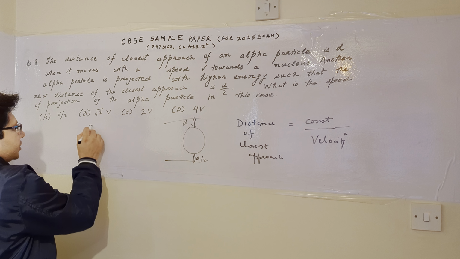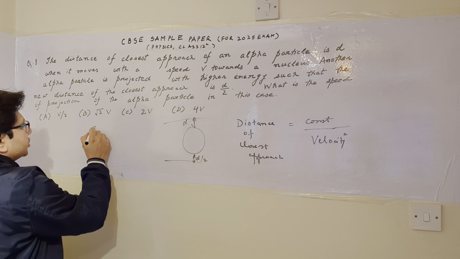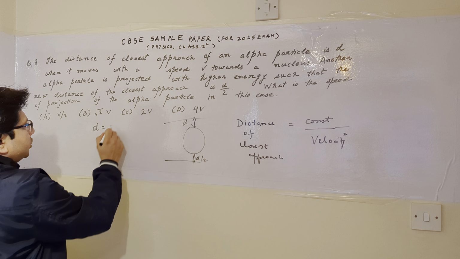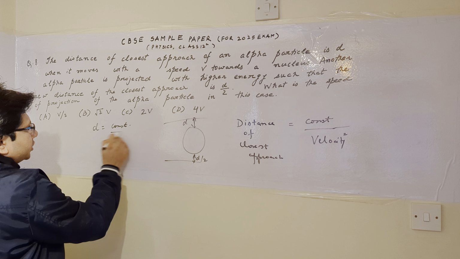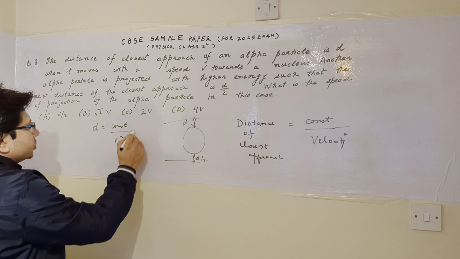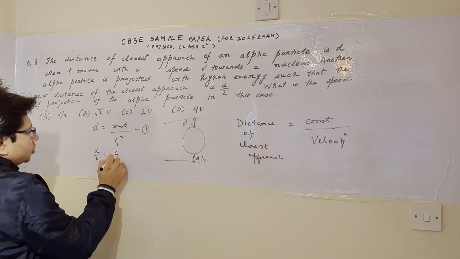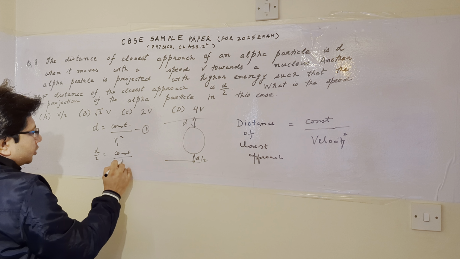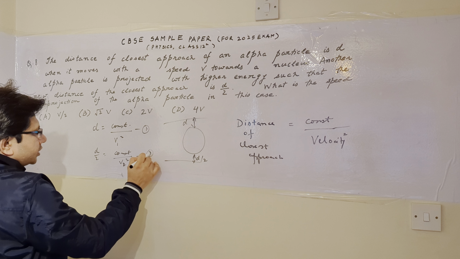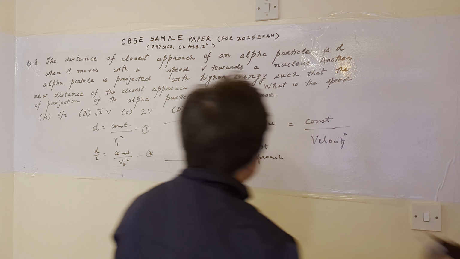According to the first case, the distance of closest approach is small d, and this is equal to a constant upon the velocity in the first case and its square. So this is case 1. Similarly for case 2, small d by 2 is equal to a constant upon v2 square. This is case 2.